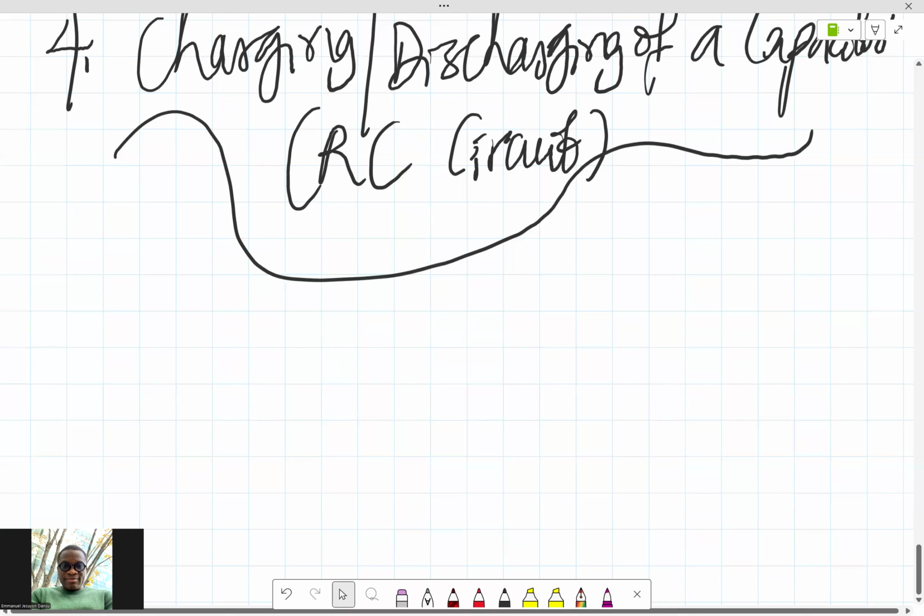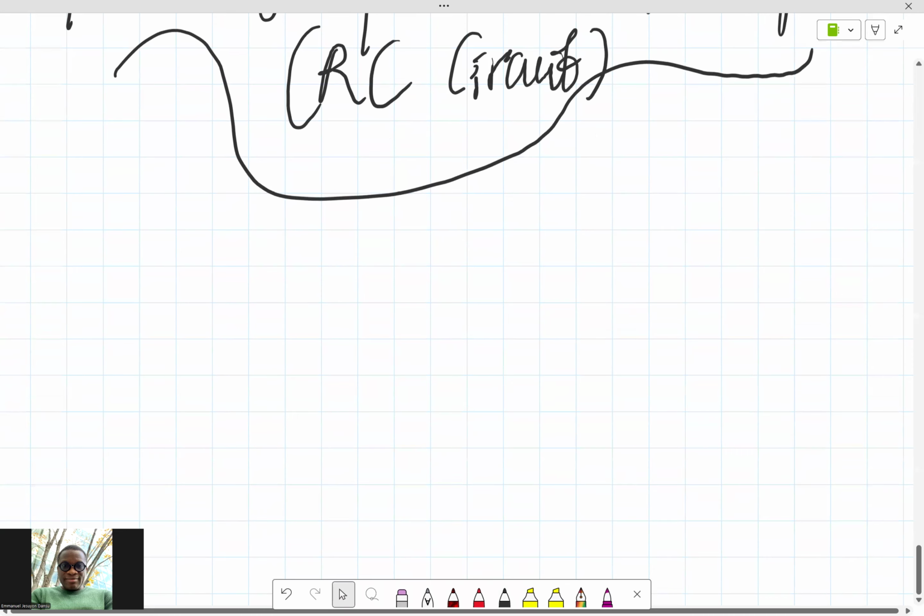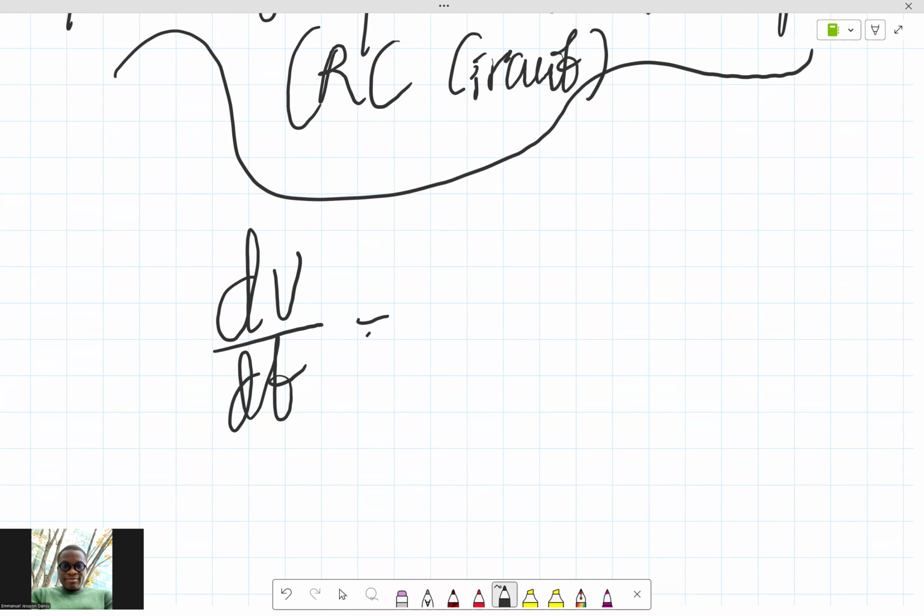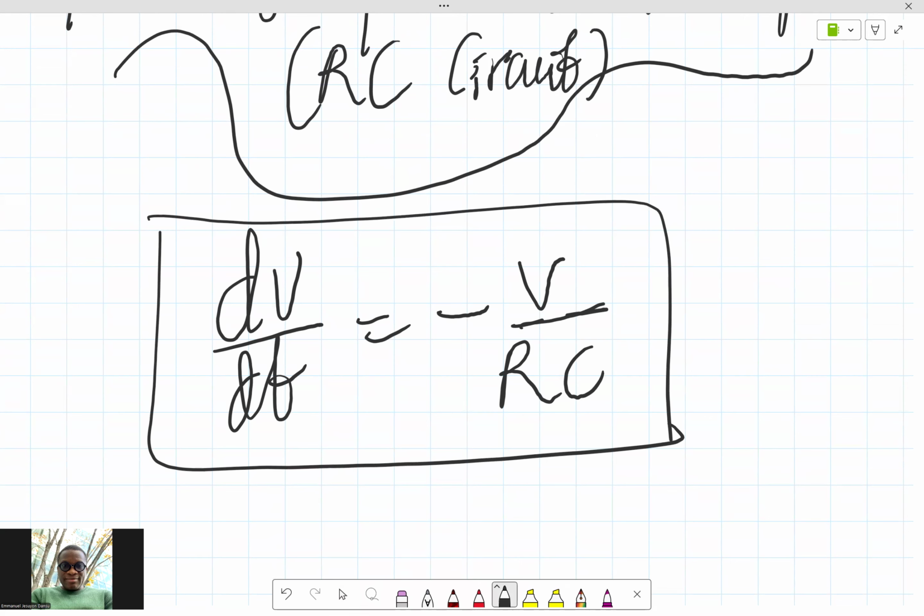In an electric circuit containing a resistor and capacitor, an RC circuit, the voltage across the capacitor during charging or discharging follows the first order ODE. For discharging, the equation will be dV/dt equals minus V over RC. That's what we get for that.